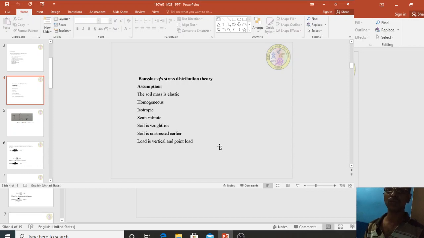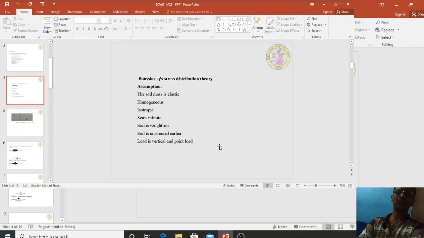There will be some isomorphic substitution of sand with clay, clay with silt, silt with sand. But Boussinesq has assumed that soil is homogeneous. Next, isotropic. What is meant by isotropic? Isotropic means soil will have identical properties in all directions. In reality, the properties of the soil at point A are different. At 10 centimeters from A, if we consider one more point B, the properties are different.